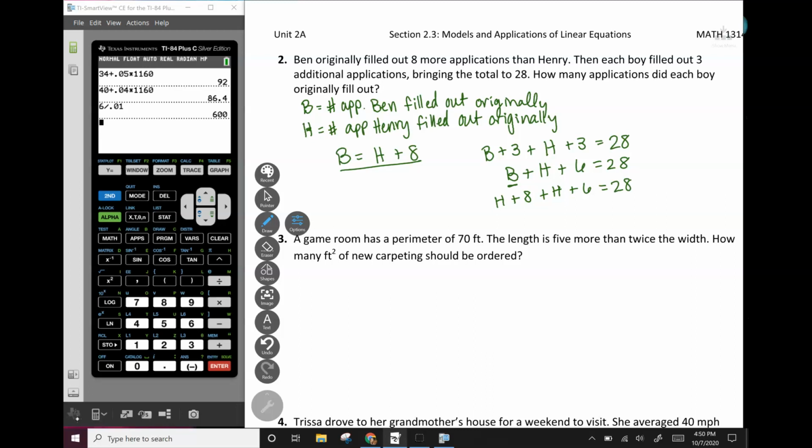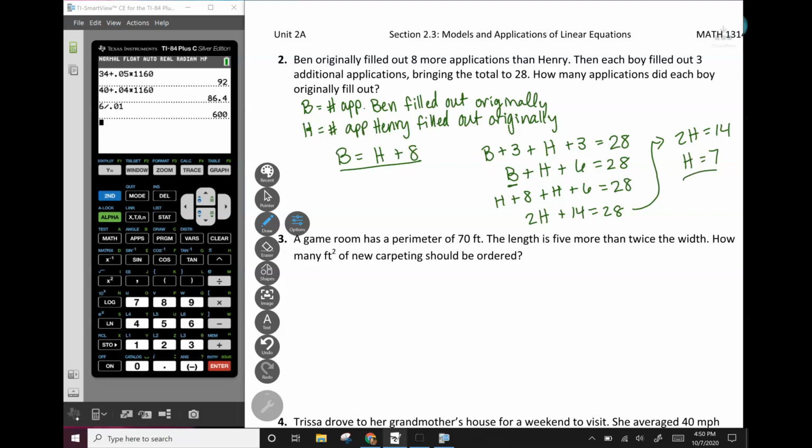Okay, now I only have H's, so I can do 2H, adding those 2 together, so plus 14 equals 28. Subtract the 14 on both sides. So 2H equals 14, and then H equals 7 when you divide by 2.